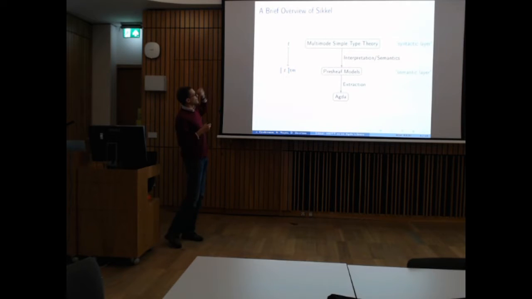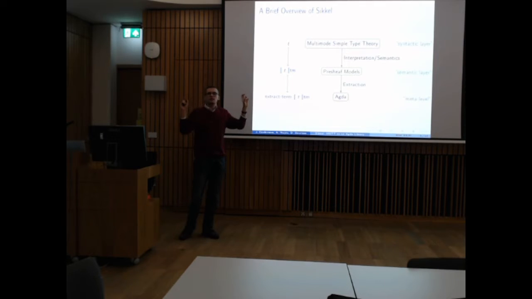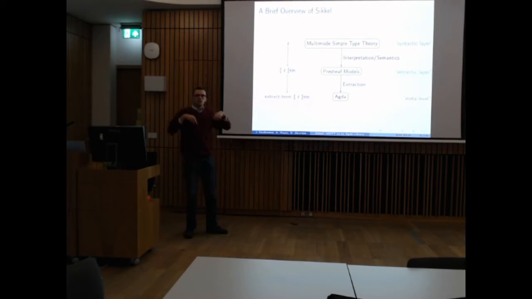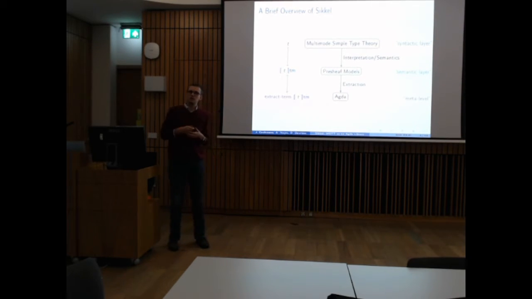So now you can compute the denotation of this program at the semantic layer, and then this denotation of some programs can be extracted to the third layer, the meta level, which is Agda, the language in which all of this is implemented. So the denotation of some programs can be extracted to actual Agda functions that you can import and use in, for instance, other Agda developments as well. But I'll say more about this further in the talk.